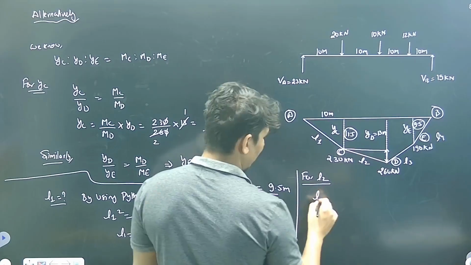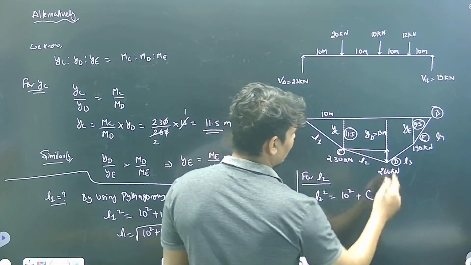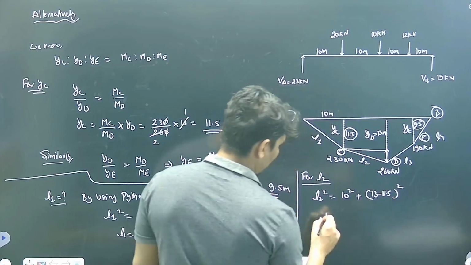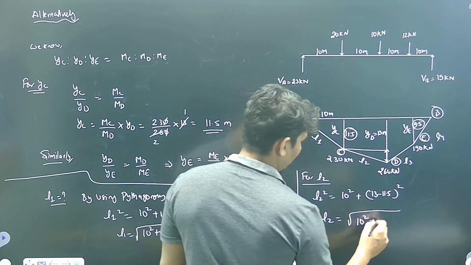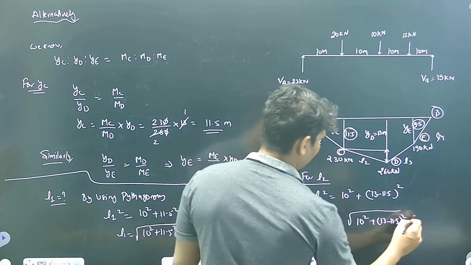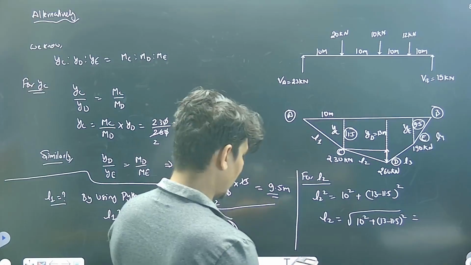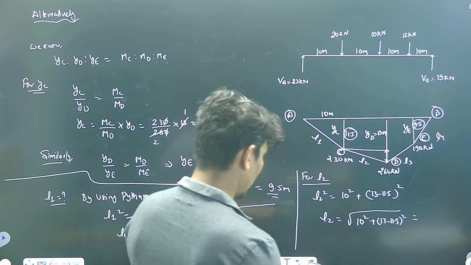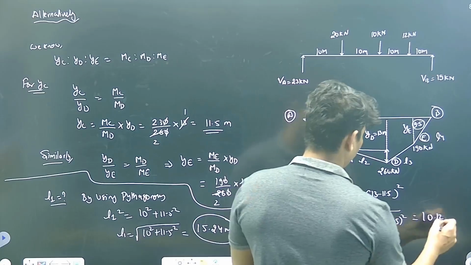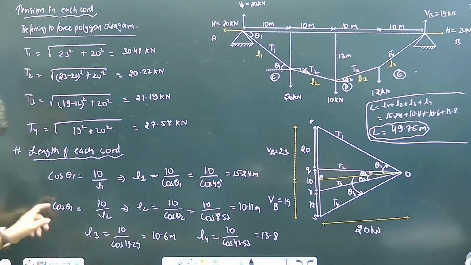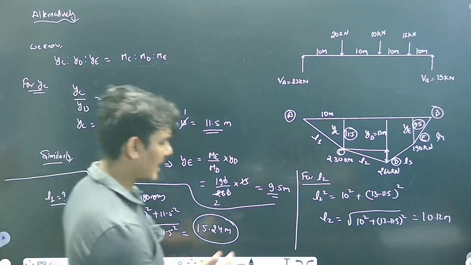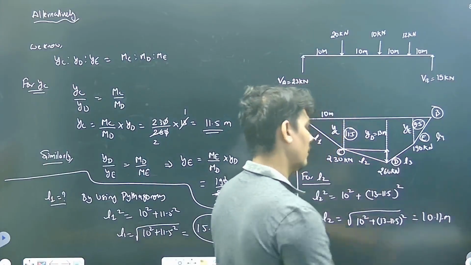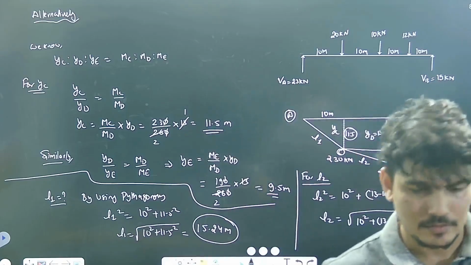You want L2? L2 square must be equal to 10 square plus, what is this distance? This is 13 minus 11.5 squared. L2 is equal to the root of 10 square plus (13 minus 11.5) square, which is (13 minus 11.5) square plus 100, root. Answer, it's 10.12 meter. If you want to check L2, check it: 10.11. It's coming as 10.1118; I took the rounded figure. Otherwise, if you go with 2 decimals it's 10.11, right? Exactly the same data will come. Okay, so this is the other approach.